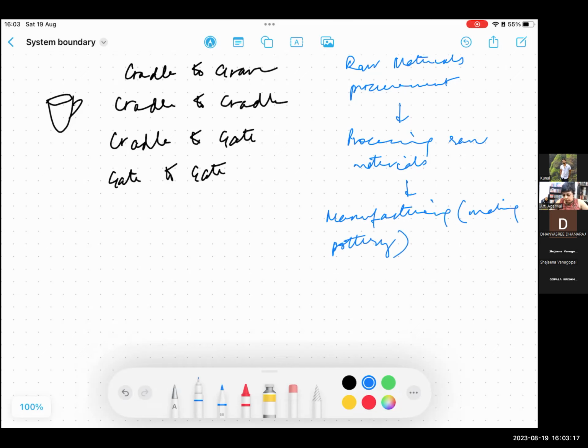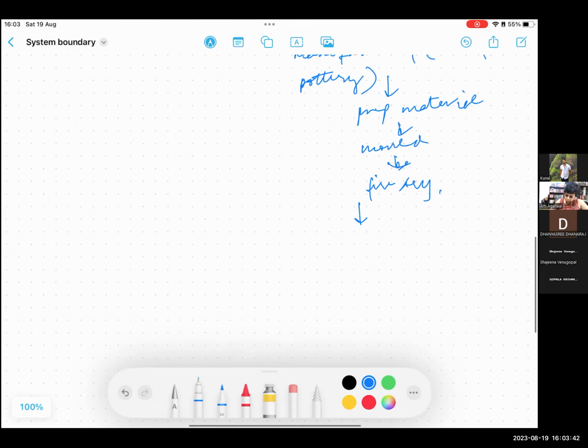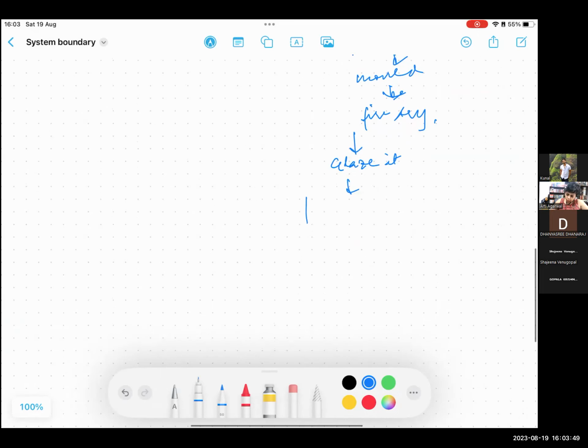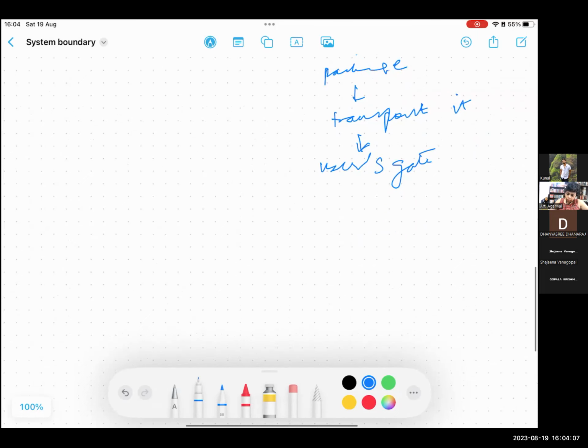This itself will have about three steps: you first prepare the material, then mold it, then dry it, then glaze it, then finish it, then package it, transport it, then it reaches the user, and then the user uses it.